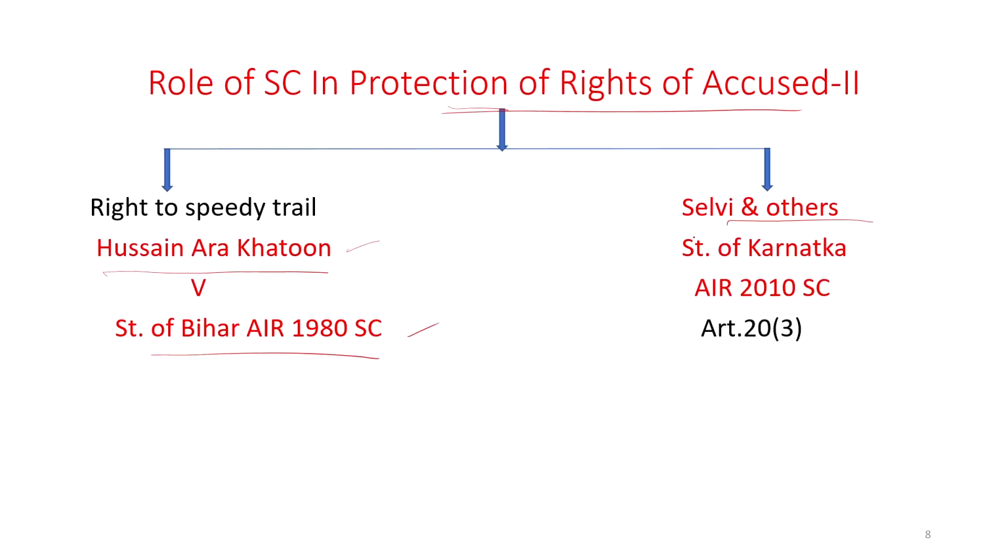How the Supreme Court has been effective in protection of rights of accused, I would like to highlight one important leading case you can see on your screen, Selvi and others versus State of Karnataka, AIR 2010 Supreme Court. What actually happened in this case: Selvi and her 3 guilty partners were involved in killing a man.